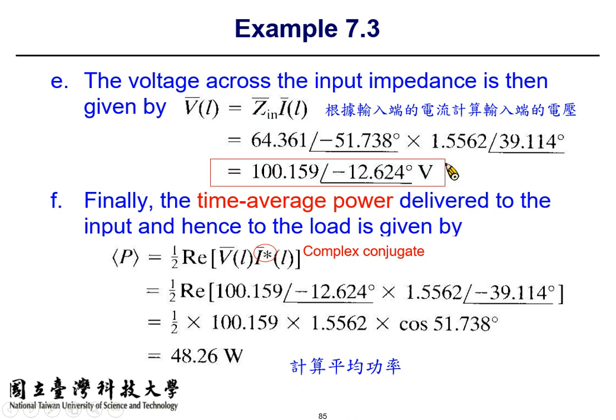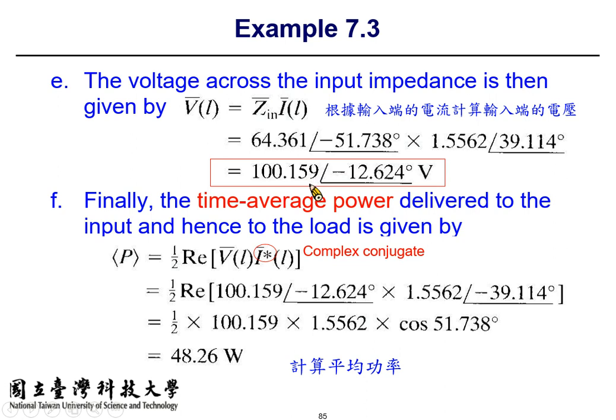Note that you need to apply the complex conjugate to either current or voltage. Then you take the real part and multiply by 1/2, and you end up with the power delivered by the generator, which is 48 watts in this case.